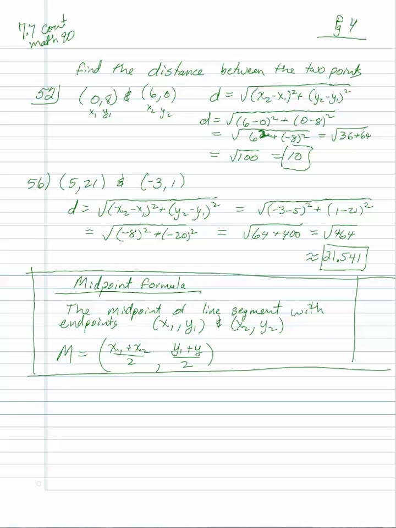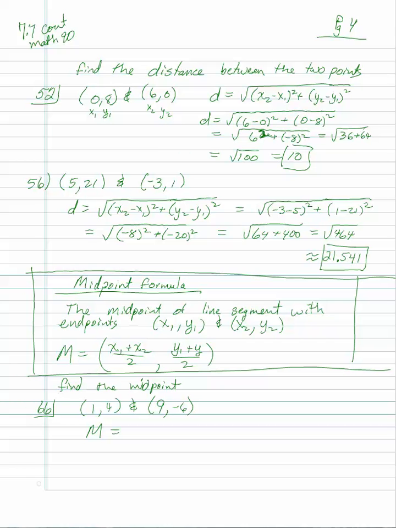Let's try one. Find the midpoint between the 2 points. So let's do 66. We got 1, 4, and 9, negative 6.